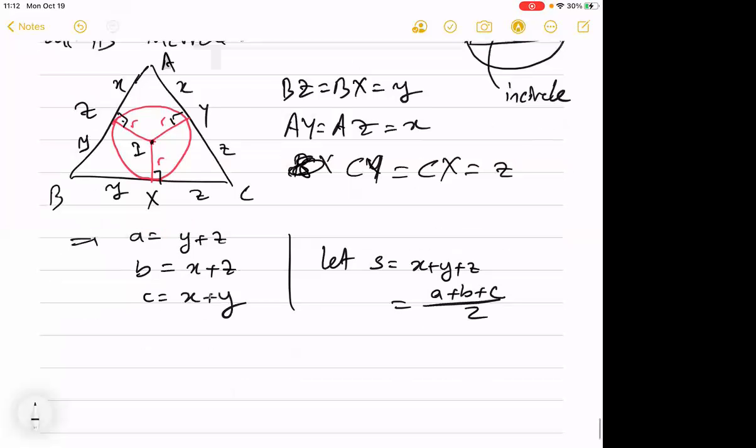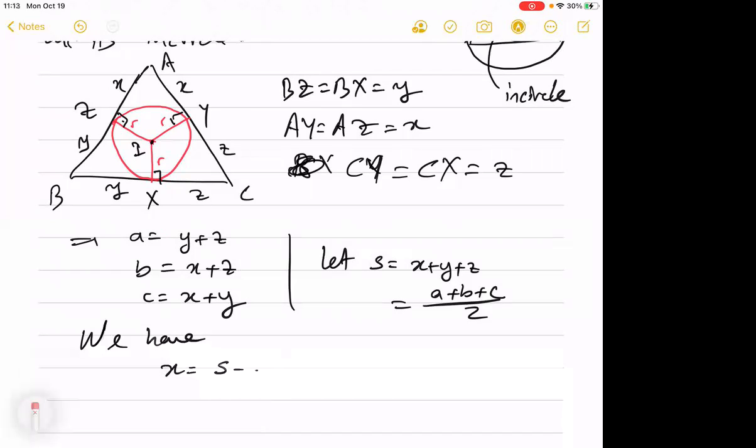So then we have X is equal to S minus A, right? Let me write it explicitly.